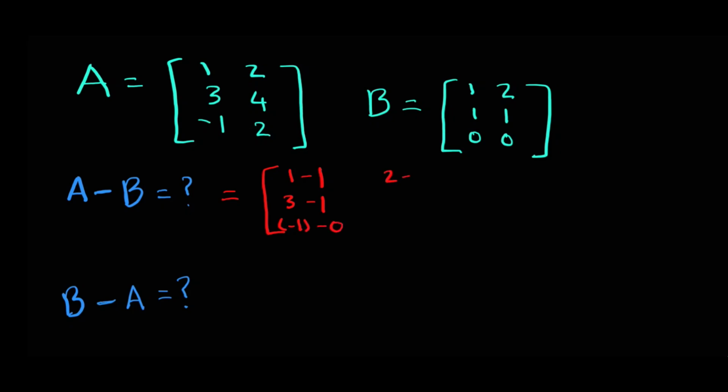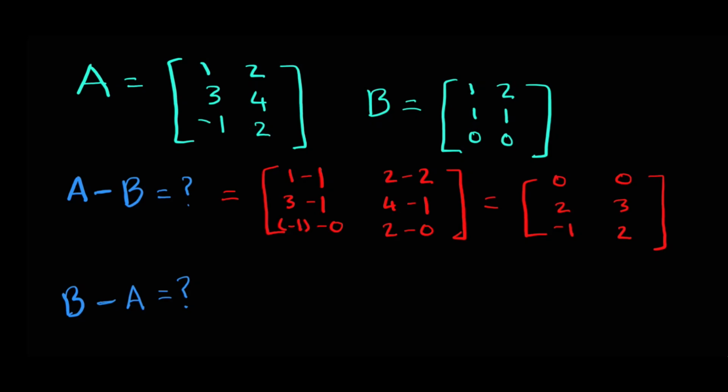And the second column is going to be 2 minus 2, 4 minus 1, and 2 minus 0. And that gives you 0, 2, and -1 in the first column, and 0, 3, 2 in the second column. So that's the matrix for A minus B.